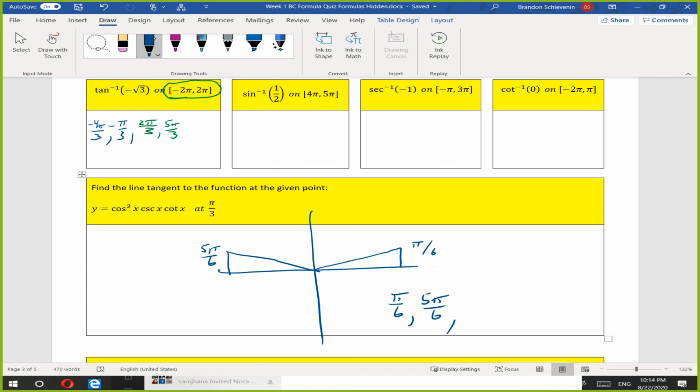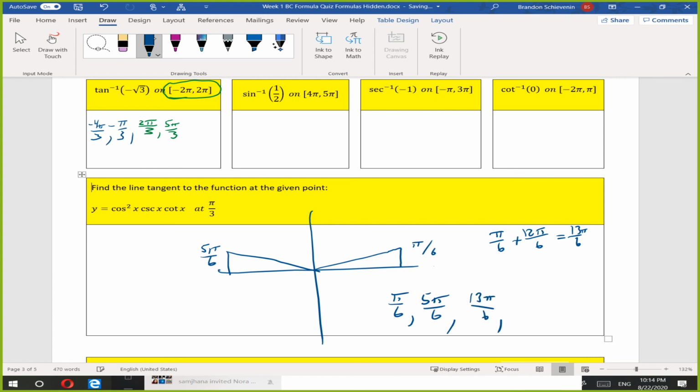So right now, if I add 2 pi to pi 6, what will I get? Perfect. Pi 6 plus 2 pi, 2 pi is the same thing as 12 pi over 6, is 13 pi over 6.